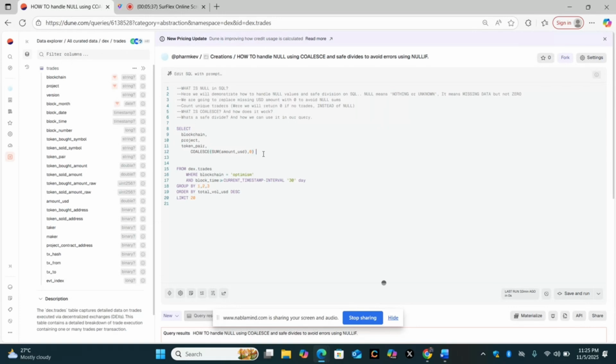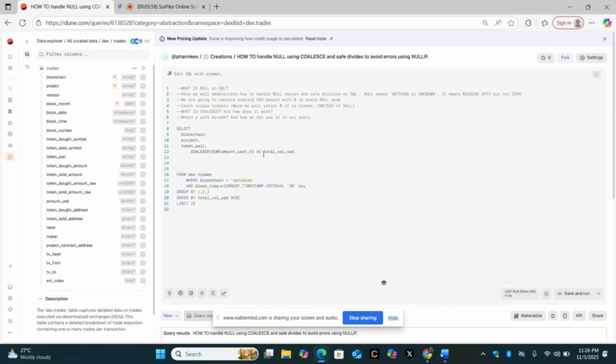This will be our alias, as total volume USD. So we have written this one.